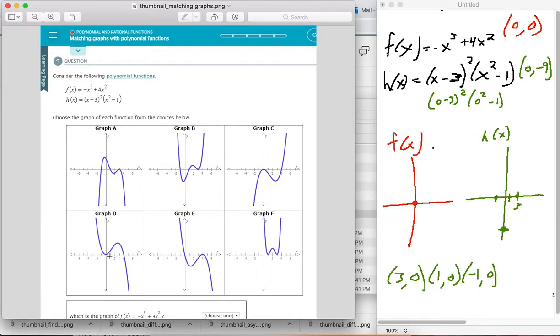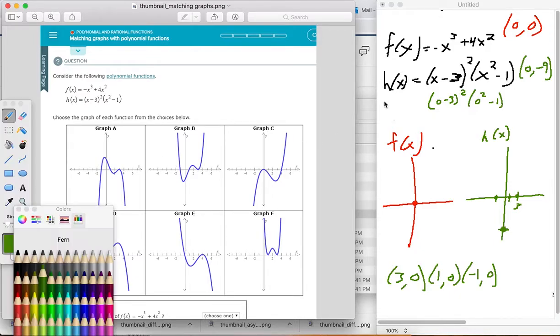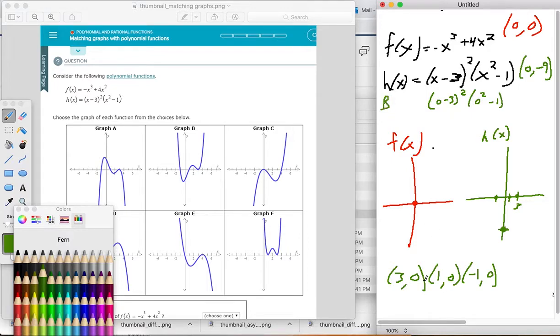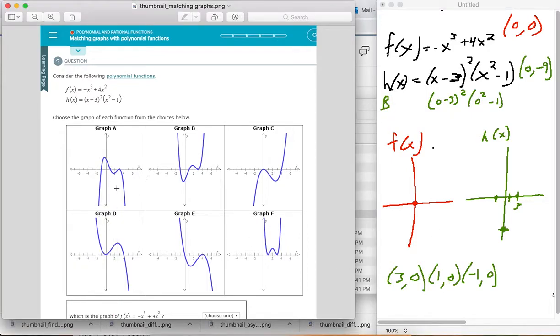D is not an option for those same reasons. E is not an option. So we got a winner. H of x has to be B because of those 3 dots we have. None of those other graphs work. Like A works. It crosses at negative 1, at 1, and at 3, but it doesn't cross at that y-intercept of negative 9 that we found.